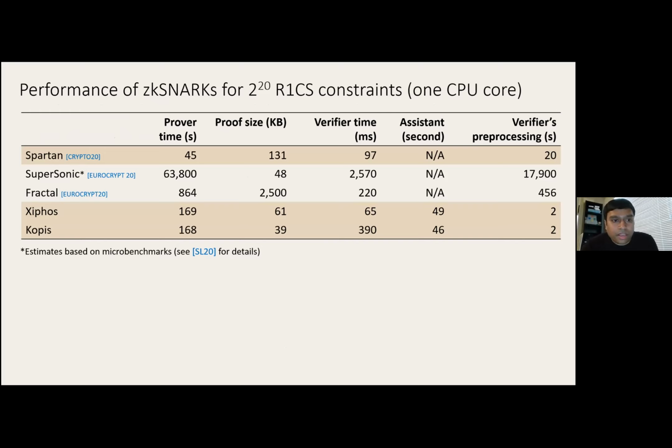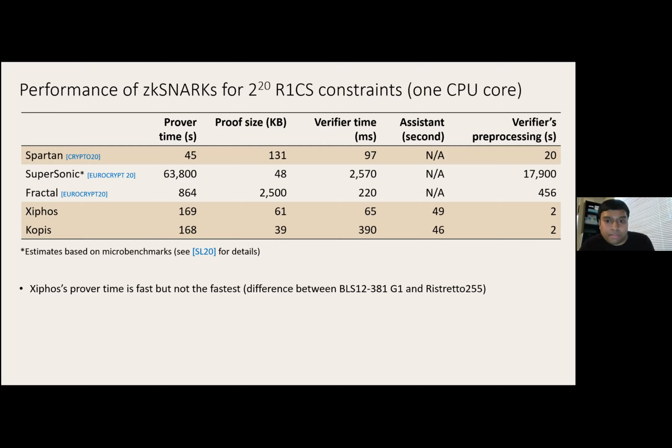There are a couple of key takeaways here. Xiphos's prover is fast, but it's not the fastest. The primary difference between Xiphos and Spartan, which gives you the fastest prover, is the difference in performance between BLS12-381's G1 and Ristretto255, because Xiphos uses Dory, and Dory in turn requires a pairing-friendly curve.